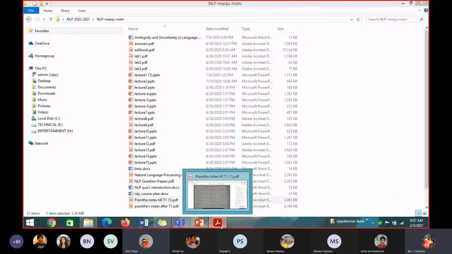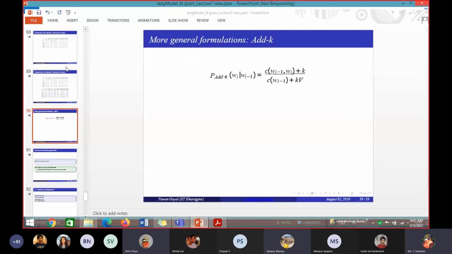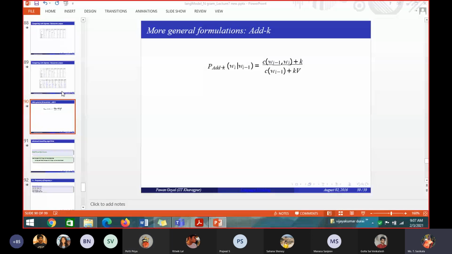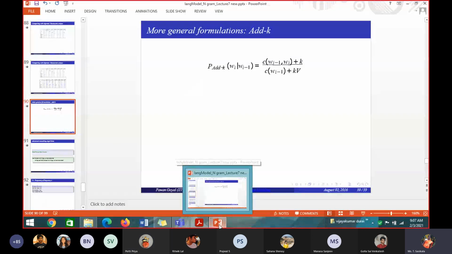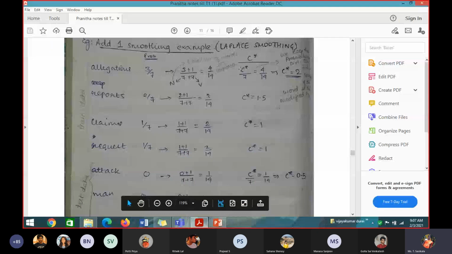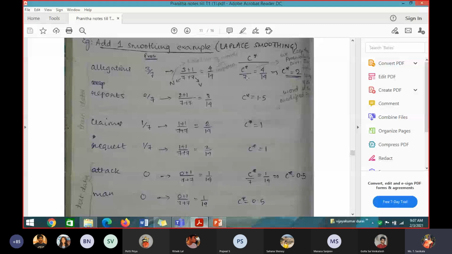The effective bigram count formula: C star divided by the total number of words. How many words do we have? 7. So C star by 7 is equal to 4 by 14. So what will your C star be? That is the effective bigram count.